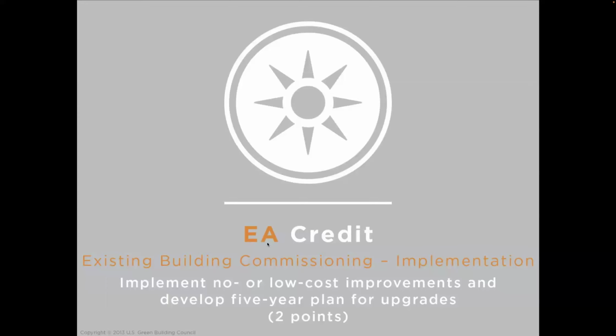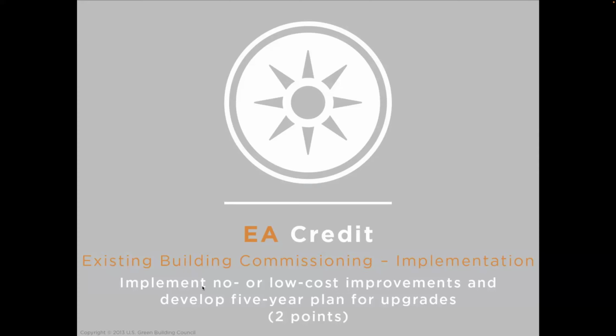So again, that's part of this commissioning process implementation. So either you did a commissioning process, or you did a more in-depth energy audit. And what they want you to do there is, once you do that, you might as well go and implement some of these measures they're talking about, energy efficiency measures, EEMs they call them. They want you to implement all the low or no cost improvements.